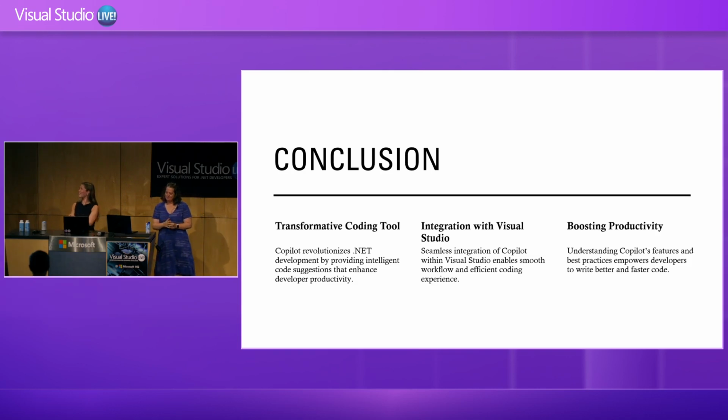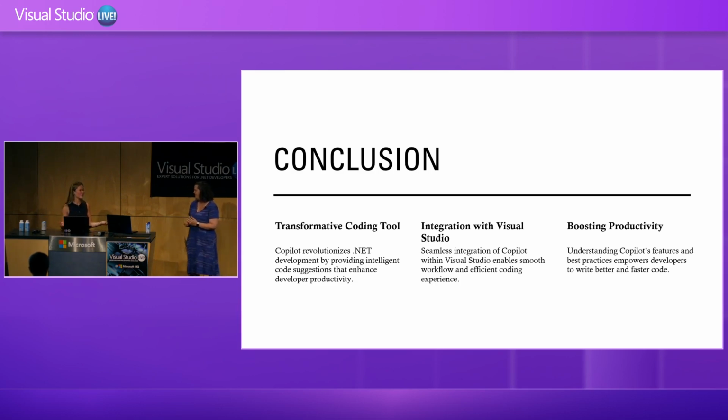So I'm just going to conclude a little bit here. Like I mentioned, Copilot just really is transformative in .NET development. It's something that is going to allow you to boost your productivity and just move even faster. It gives you a pair programmer to help you out with following best practices, fixing errors, refactoring, all of the things that maybe take time out of your day and aren't the most fun to do.